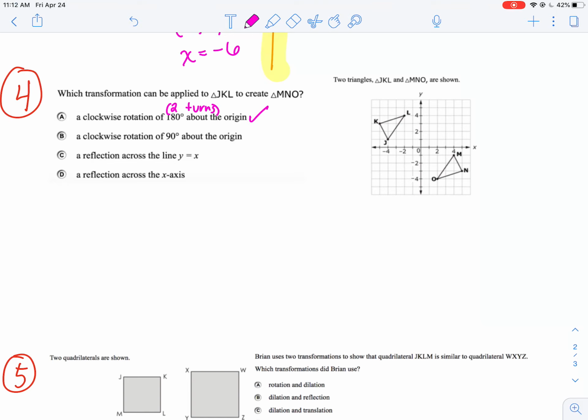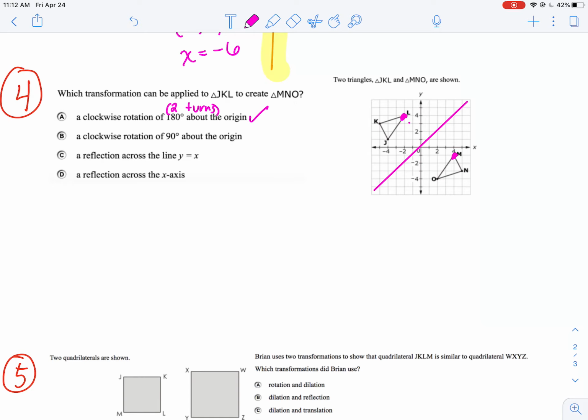B says a clockwise rotation of 90 degrees about the origin, which is just 1 turn, and that will not match onto the new triangle. C is a reflection across the line y equals x. Y equals x is the diagonal line there. If it's a reflection over that line, L would match onto M, and that's not the case in my lettering.